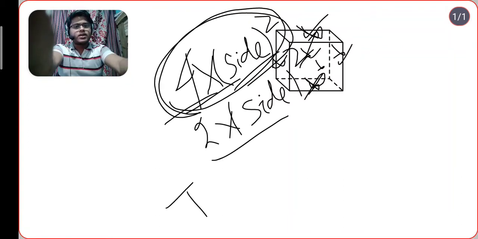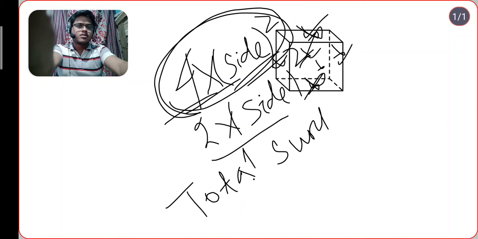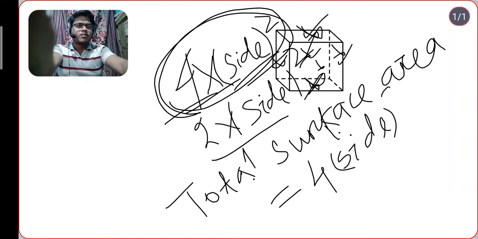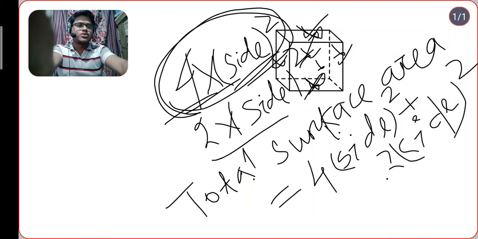So the total surface area is equal to how much? We have to go for 4 side square plus 2 side square, that is top and bottom. So total how much are we getting now?